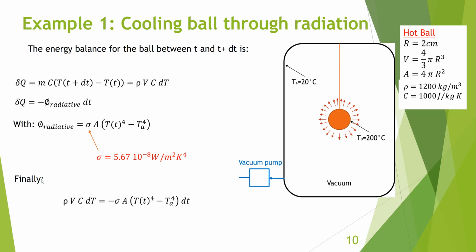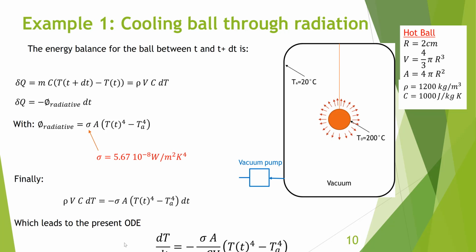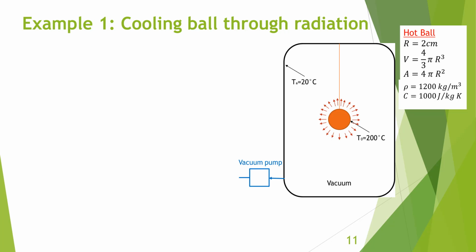Now, if you make this equality, you have rho V c dT equal to minus sigma A (T^4 minus Ta^4) dt. This leads to the differential equation dT by dt equals minus sigma A divided by rho C V times (T^4 minus Ta^4).